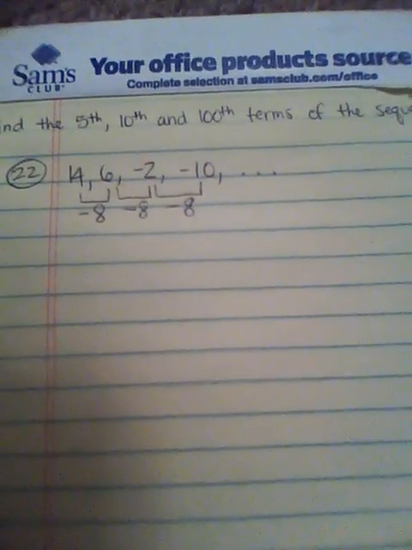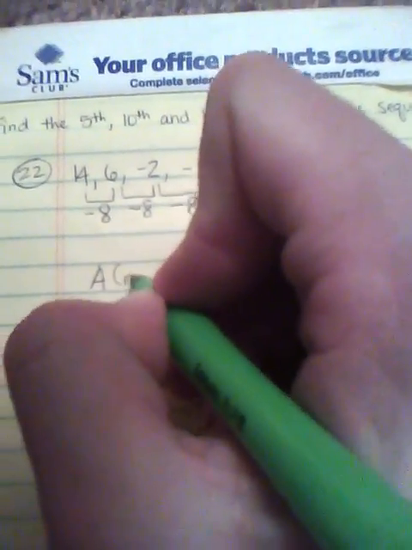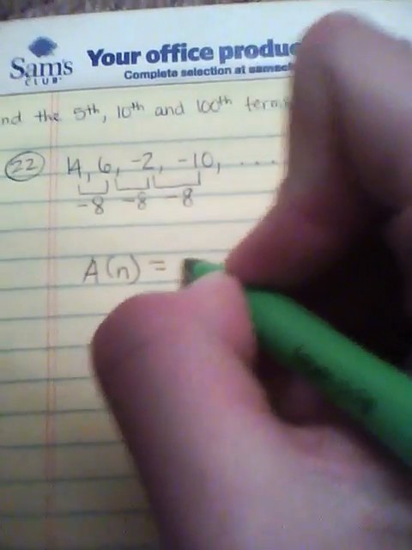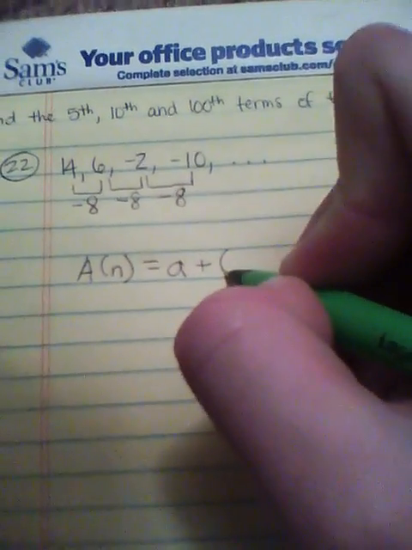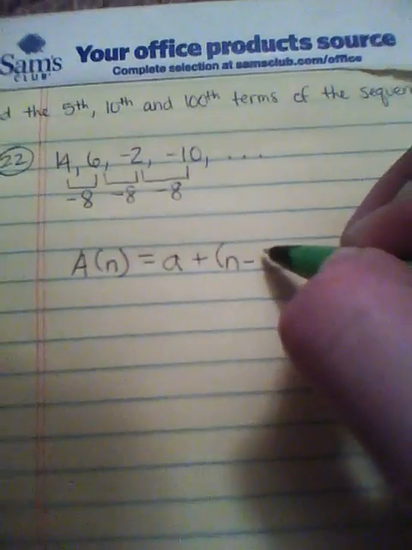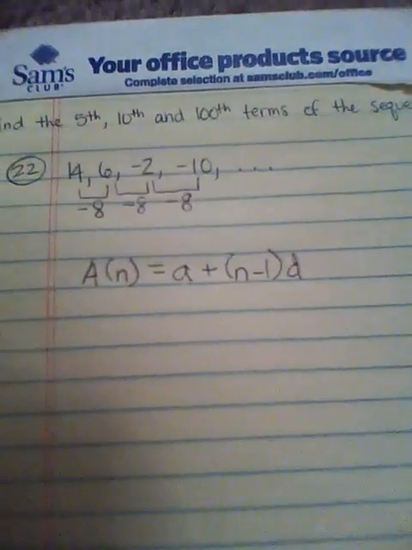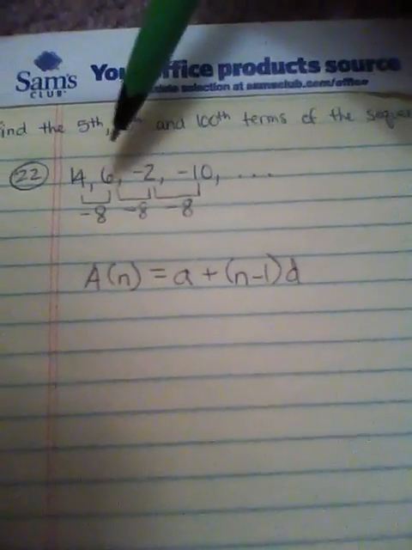So now we'll need to remember our equation. To find any term, we need to know what our first term is, and then add one less than the term we want to find times our common difference. We can see how this works by looking at our sequence up here.